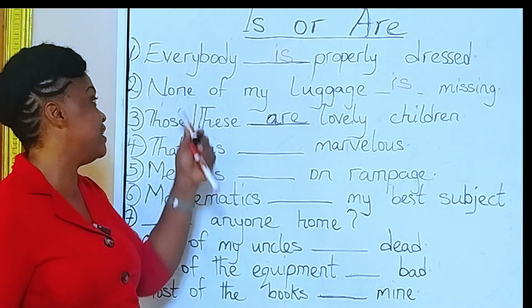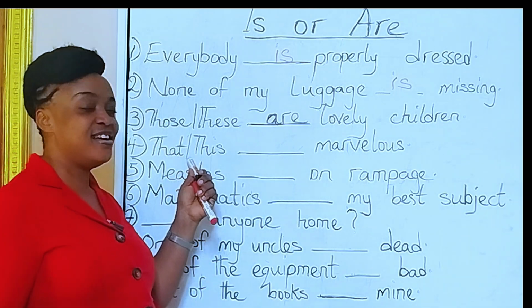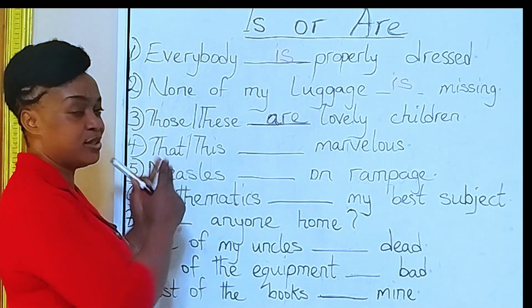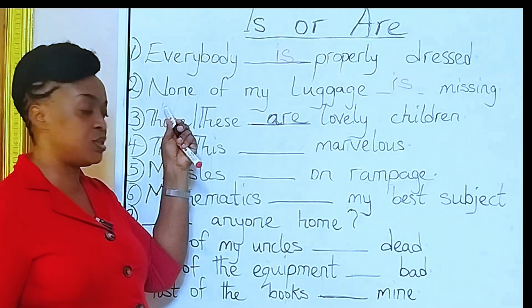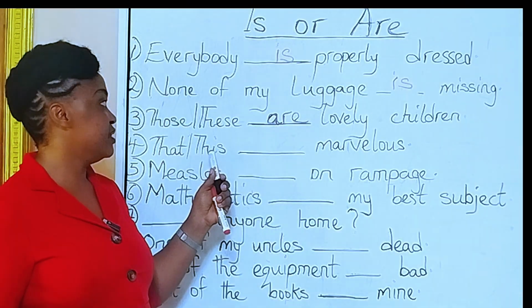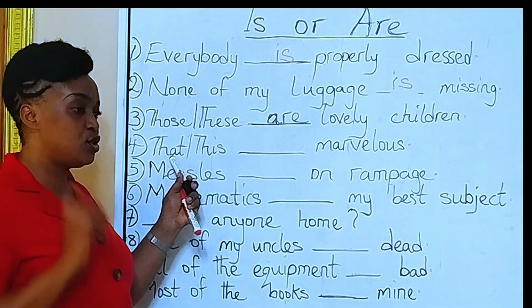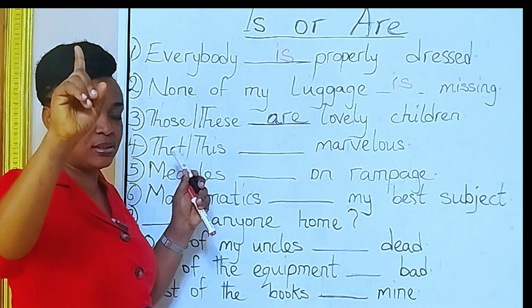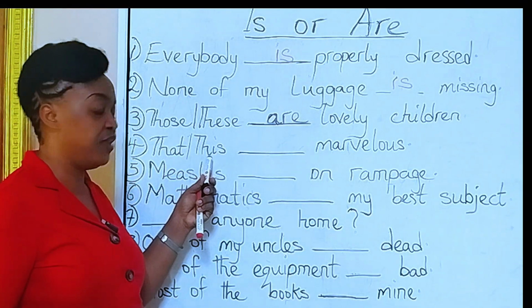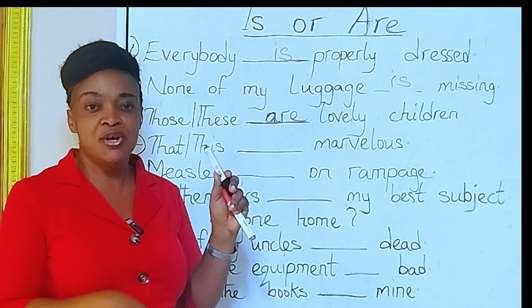Number 4, that, this. The same thing that happened here is the same that happens here. I decided to pair the two. This one is a singular form of those, while this is a singular form of these, meaning we use this to point at something that is very far from you and is singular, while we use this to point to something that is very close to you.